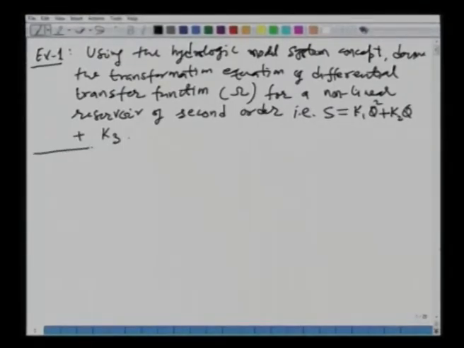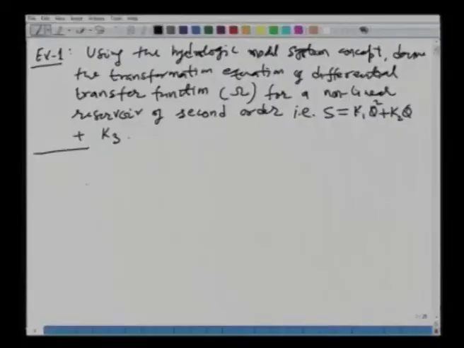So, this is the problem in which we have to determine the expression for the transfer function operator for a catchment simulated as a non-linear reservoir, in which the storage is a non-linear function of outflow Q, given by a second order polynomial like this. How do we solve this problem?